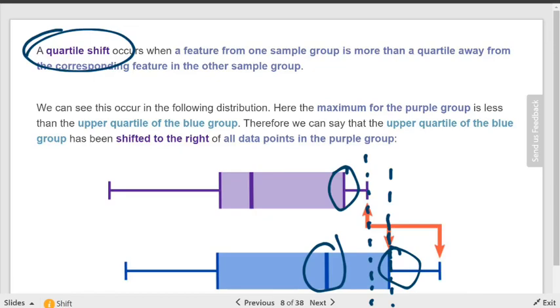All right? So you can have median shift or you can have quartile shift. And they mean exactly the same thing. Okay? If one of them is further than one of the ones above it or below it, then you have a shift. Make sense? Okay. This is a critical point. You must understand where these are coming from because this is one of the things that we're going to be looking at when we grade it.